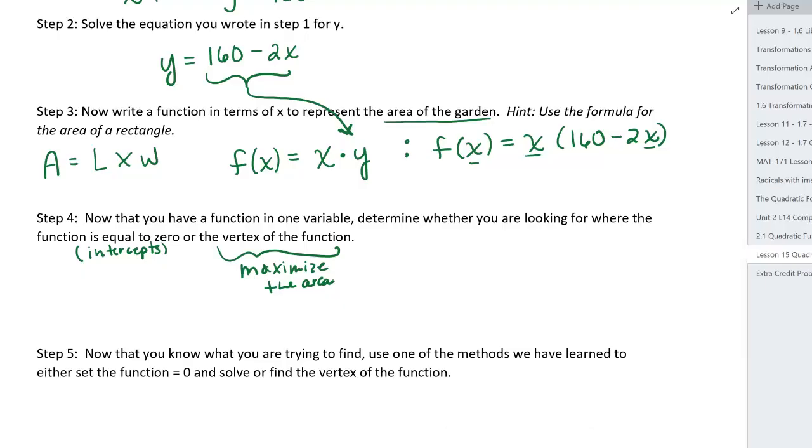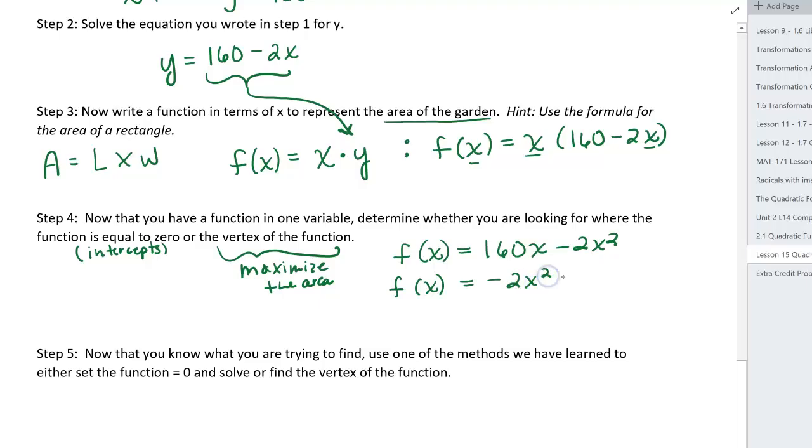So let's go ahead and put this function in standard form so that we can find a and b. So that would be 160x minus 2x squared. And if we put the terms in descending order, we would have negative 2x squared plus 160x. In this case now we can find that a is equal to negative 2 and b is equal to 160.